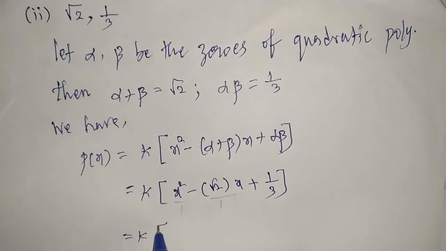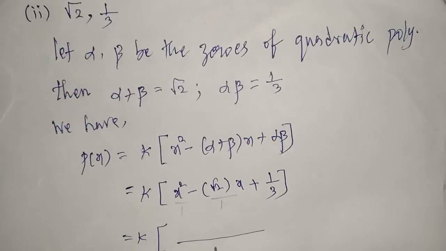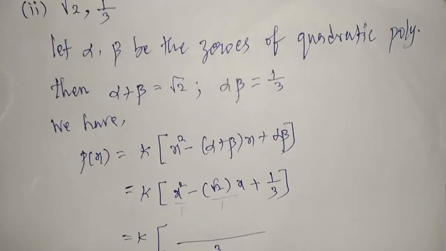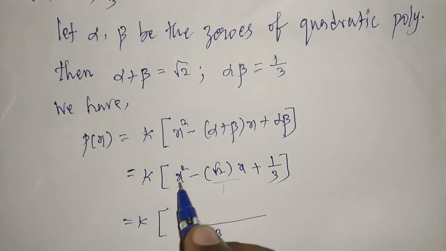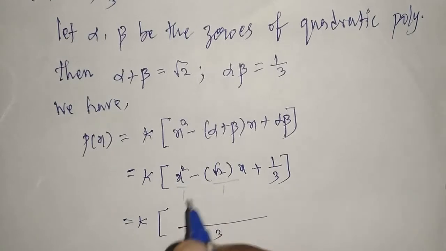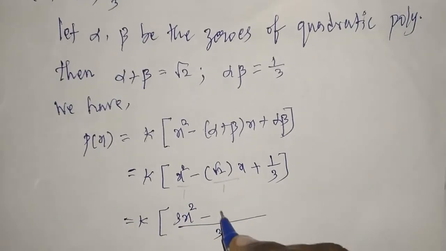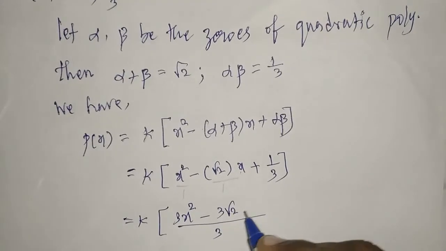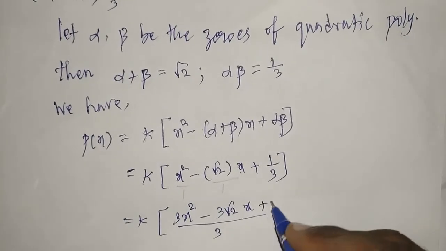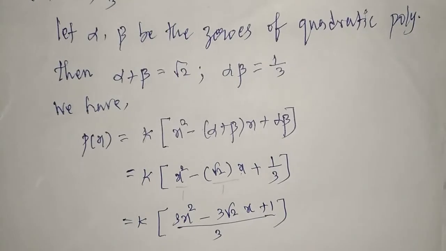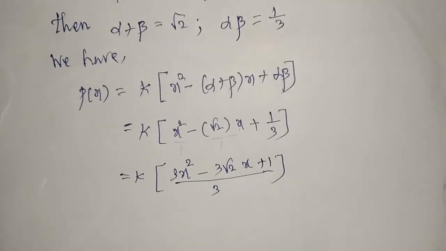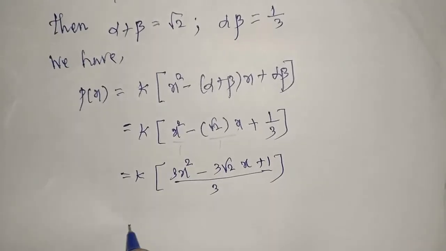Outside we have the constant k, so the denominator is 3. Now the 3 we need to multiply here and here also. Then 3 into x square, 3x square minus 3 into root 2, 3 root 2 x will come as well as this plus 1. That's it. Now the denominator 3 I'm going to bring outside.